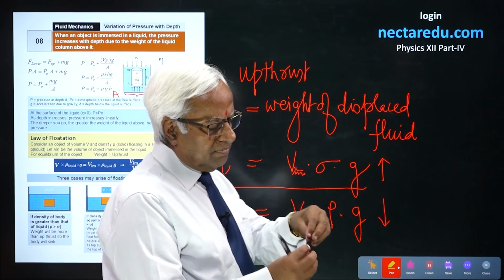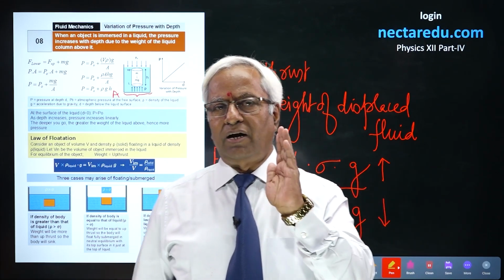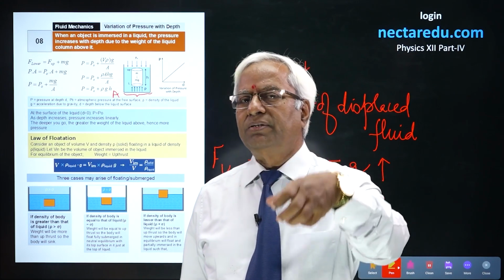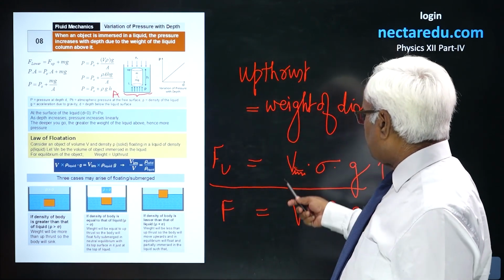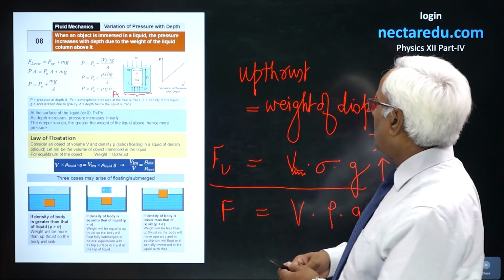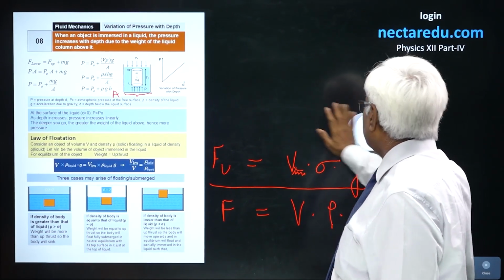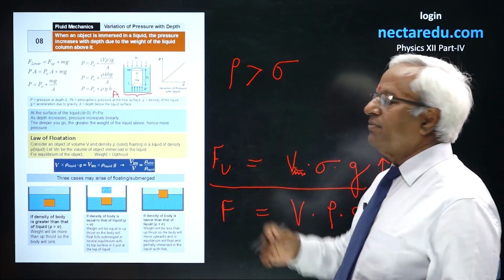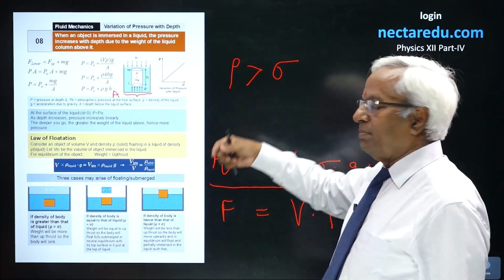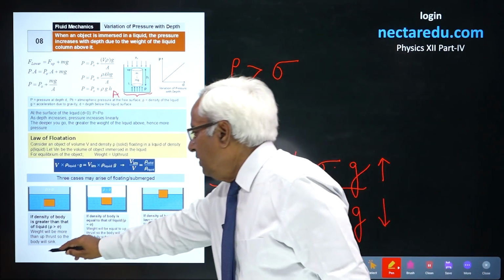Now, the fight of these two will continue whenever you allow something to drop in the liquid. Suppose the weight of the body becomes greater. How could it be possible? When the density of the body immersed is greater than the density of the liquid, in that case the body will sink, as I have shown in figure number 1.